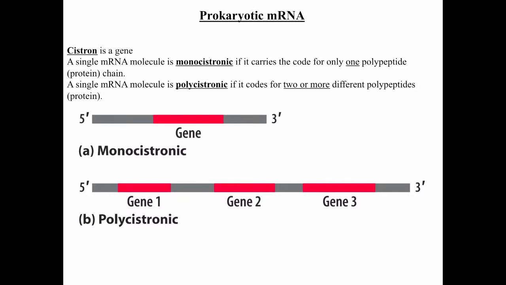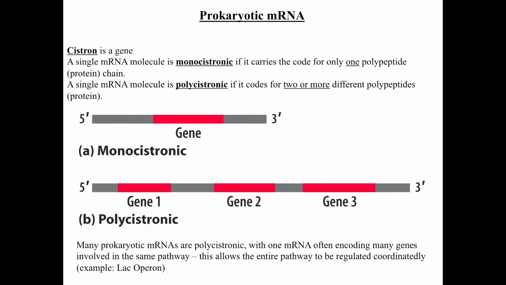You can also have what's called polycistronic mRNAs, where it can encode for two or more different polypeptides or proteins. So within the same mRNA molecule, you could have the coding sequence of gene 1, gene 2, and gene 3. This is a property of prokaryotic mRNAs.